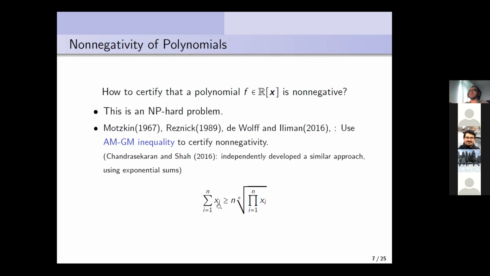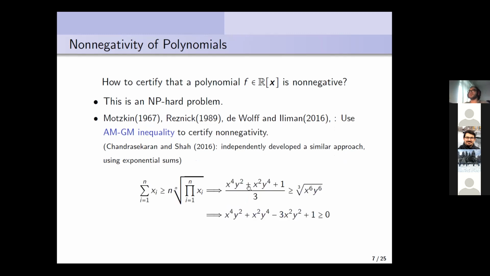What you do is you first take the arithmetic mean. You have to carry the n over here, of course, for this to be the arithmetic mean. This tells you that the arithmetic mean of n many numbers is always larger than or equal to the geometric mean of n many numbers. And how can one use this to show that a polynomial expression is non-negative?